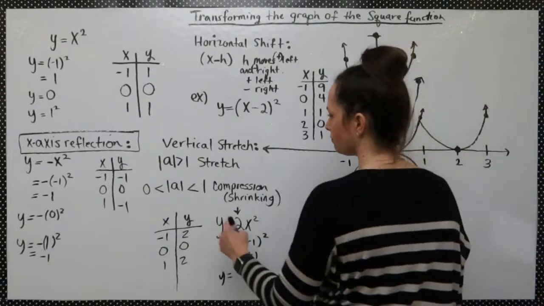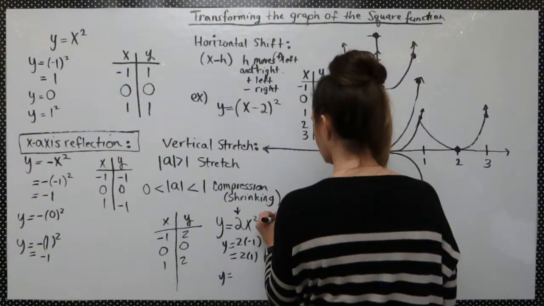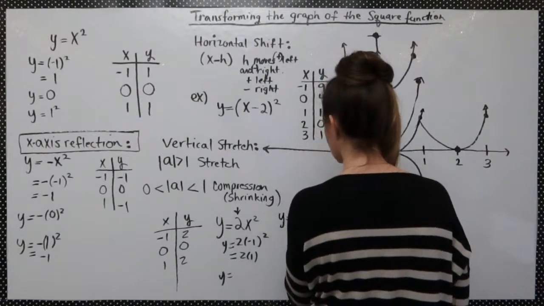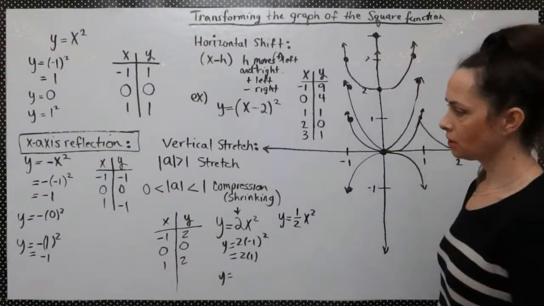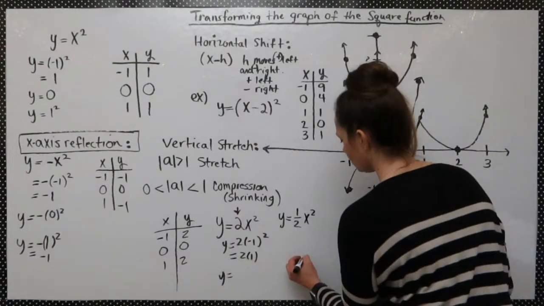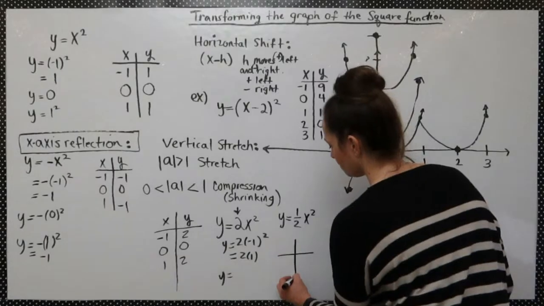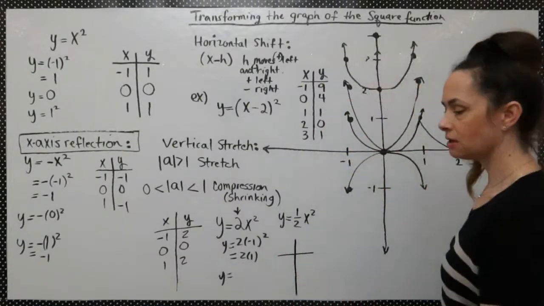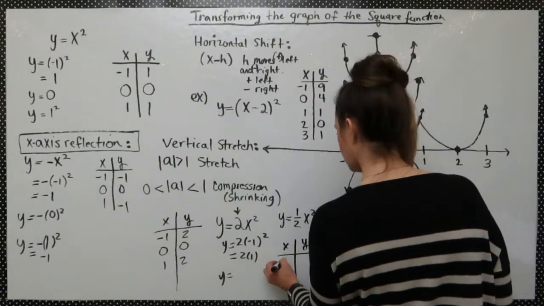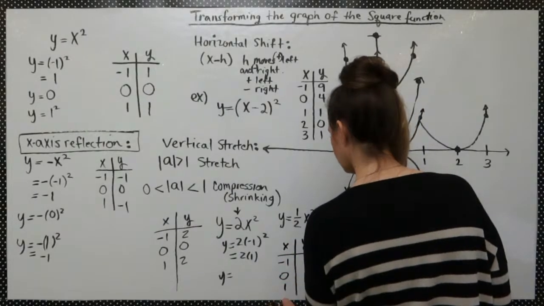And then let's see one more. Let's do y equals 1/2 x squared, where your a value is a shrinking, and do a table real quick, and then we'll be finished with all of them. We'll put them all together and see what that looks like. X comma y, -1, 0, and 1.